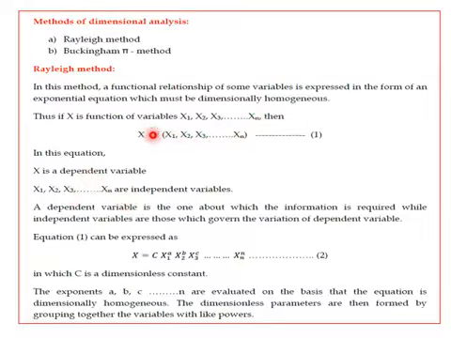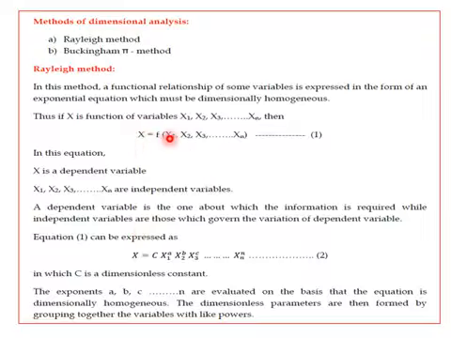In this equation, x is known as the dependent variable, whereas x1, x2, x3 are known as independent variables. So what is a dependent variable? A dependent variable is one about which the information is sought, whereas the independent variables are those which govern the variation of the dependent variable.